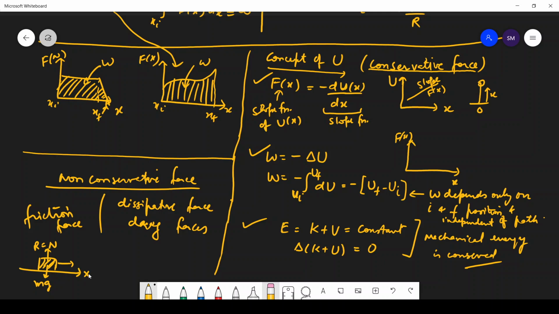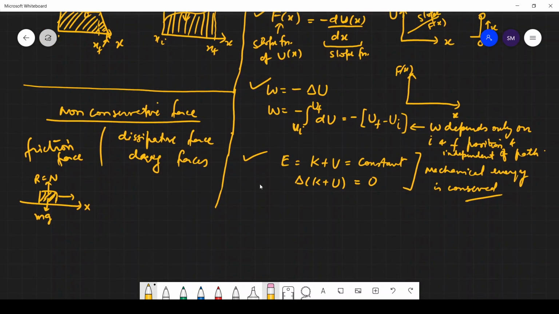The friction force is equal to, this is the kinetic friction if it is moving, mu into N. So this is the formula for the kinetic friction.